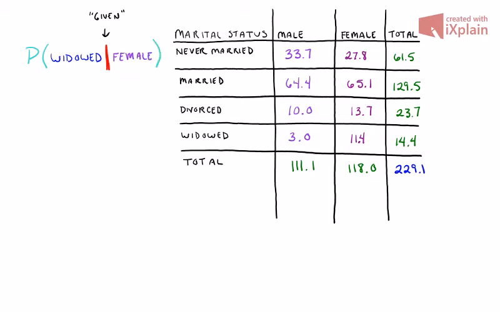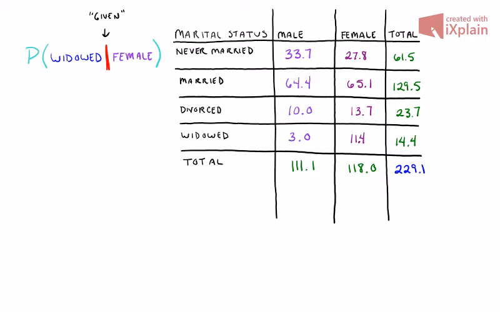So if you are looking at a probability notation like so, say this is a question on a quiz or a test, or it's something in your homework, this is basically saying find the probability that someone is widowed given that they are female.